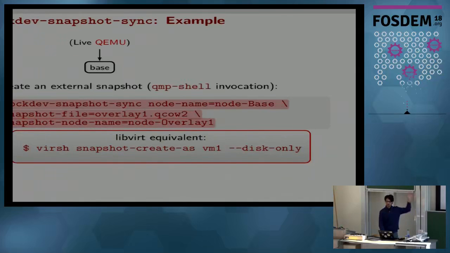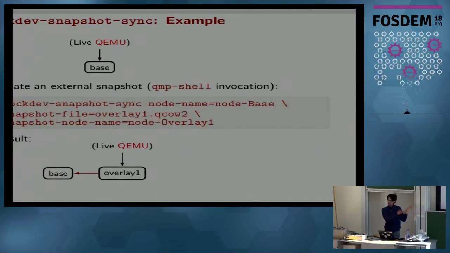You don't have to launch via QEMU QMP, right? libvirt provides nice virtual machine lifecycle management, so I wanted to highlight that. It's a simple, fairly short command line. And the result is an overlay that's pointing to the base. Earlier, the live QEMU was pointing at the base image. Now it's pointing to the just-created QCOW2 overlay.